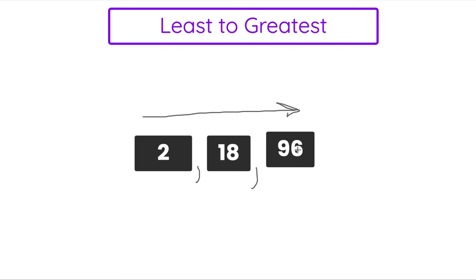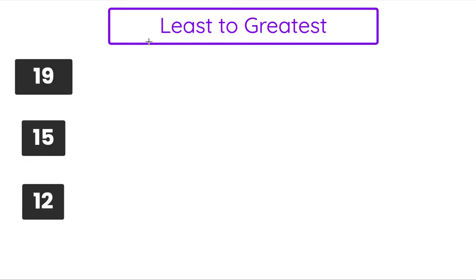We're going to do 2 more examples together. Let's look at these ones. We're looking for the numbers from least to greatest. We have 19, 15, and 12. All of these numbers start with the number 1.